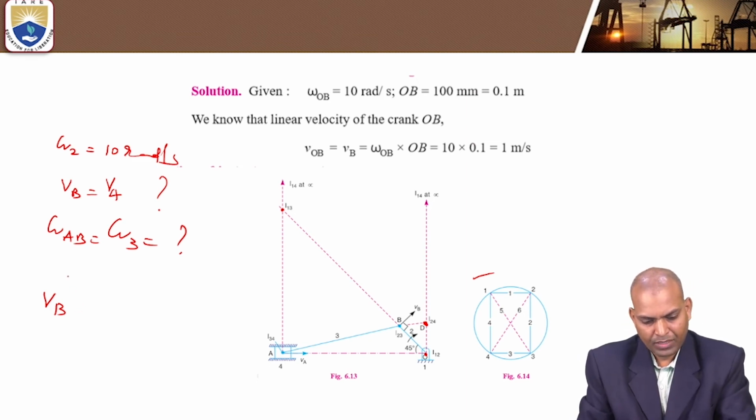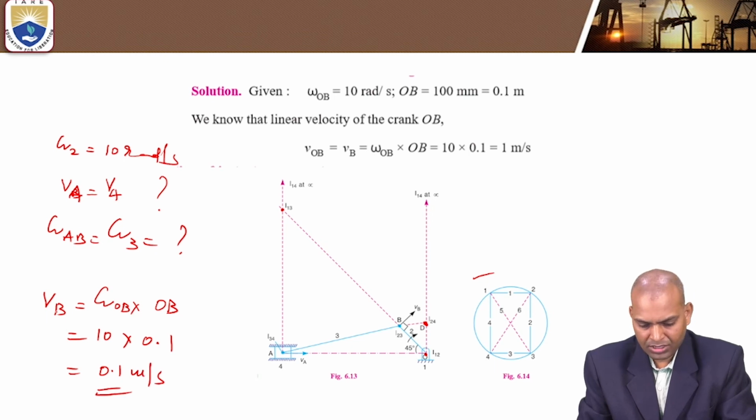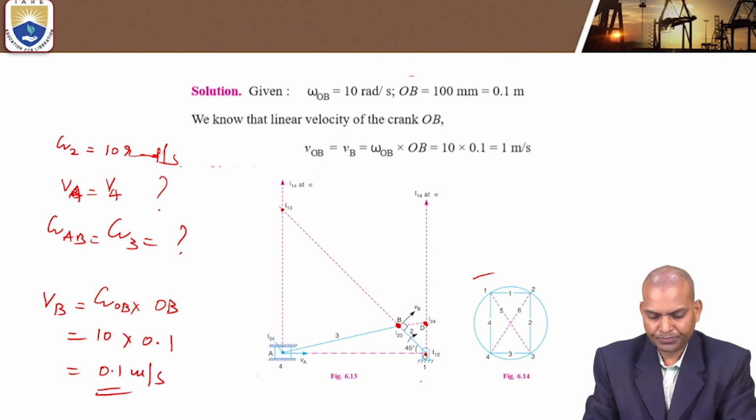First, VB equals omega OB times OB. Omega OB equals 10 radians per second, OB length is 100 millimeter, that is 0.1 meter, so VB is 1 meter per second.